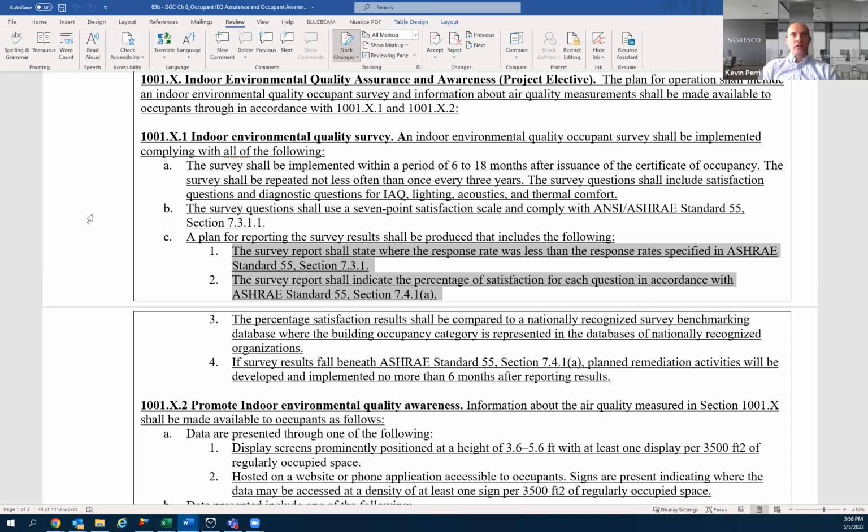Okay, next question comes from Eric. Thank you, Mr. Moderator. With respect to 1001X.1, item A indicates that the survey needs to be implemented with a period within 6 to 18 months after issuance of certificate of occupancy.